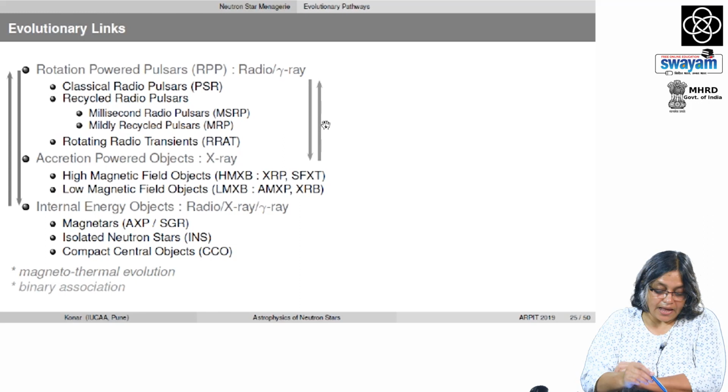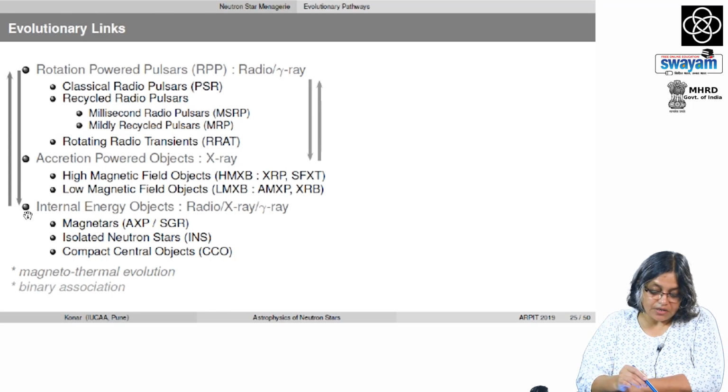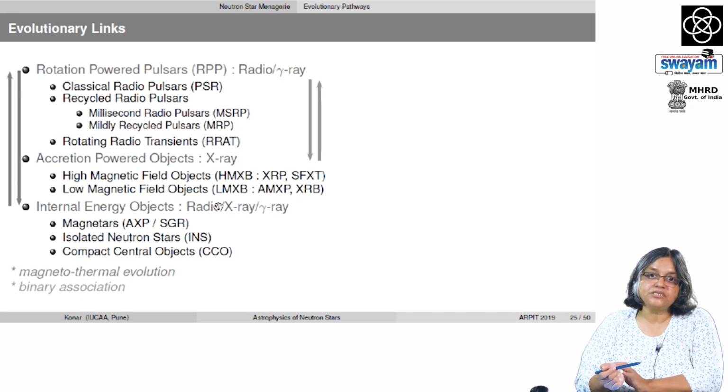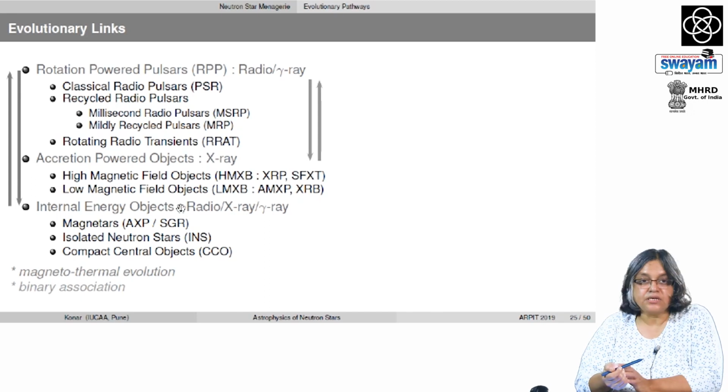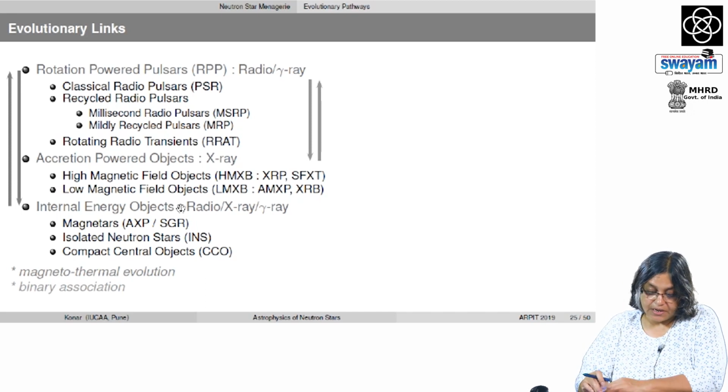This is the connection between rotation powered pulsars and internal energy objects, which we really do not know yet. And this connection comes through magnetothermal evolution, on which a lot of work is being done currently.